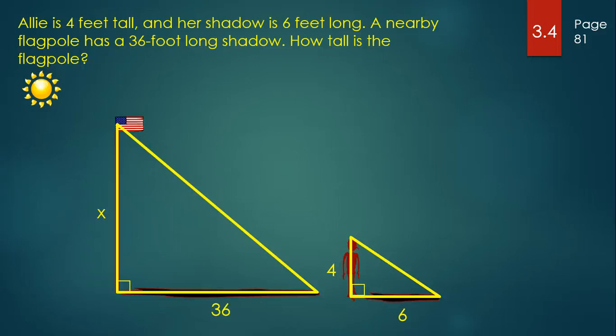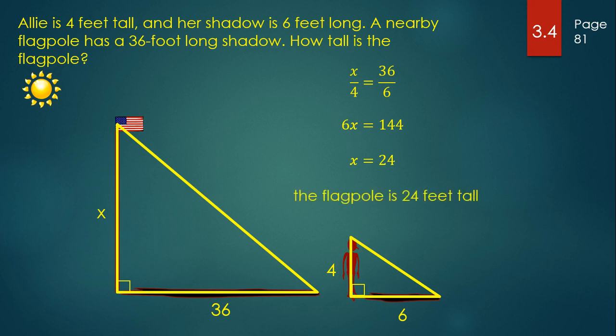So, since we have similar triangles, we can say that the corresponding sides have to be proportional, which means the x is corresponding to the 4, and the 36 is corresponding to the 6. So we can solve that proportion and find out that x, the height of the flagpole, would have to be 24 feet tall.